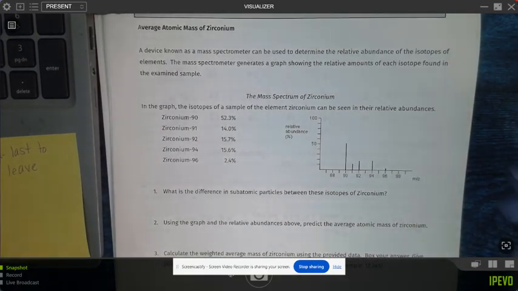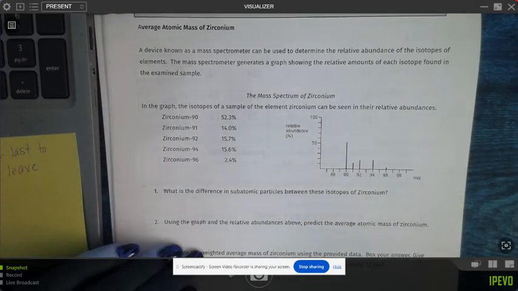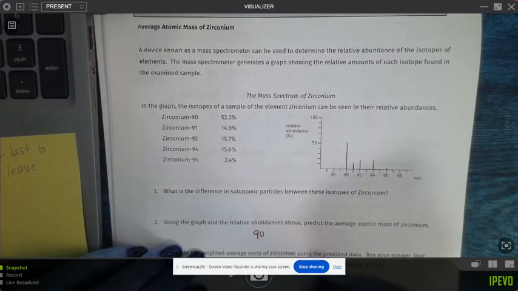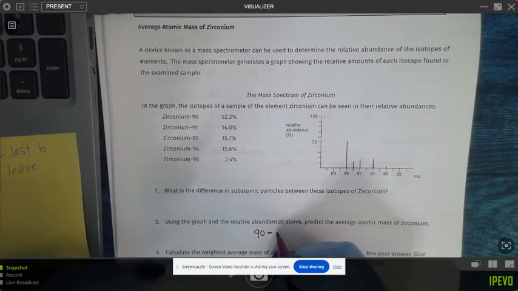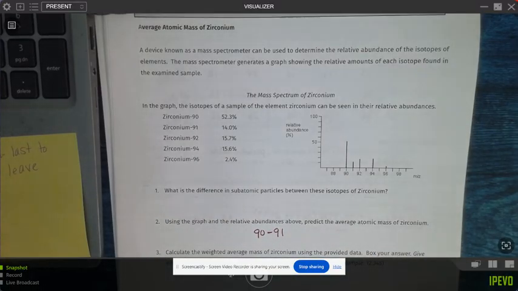If I were to say to you, don't use math, but estimate what the average atomic mass of zirconium would be, I might say it's probably going to be greater than 90, maybe between 90 and 91 or 90 and 92.